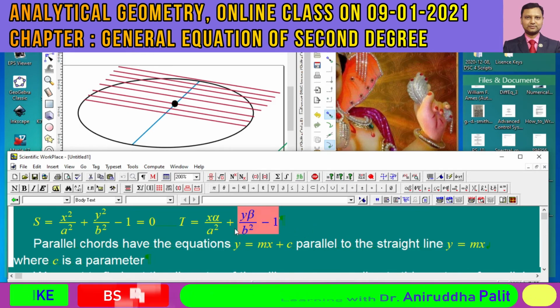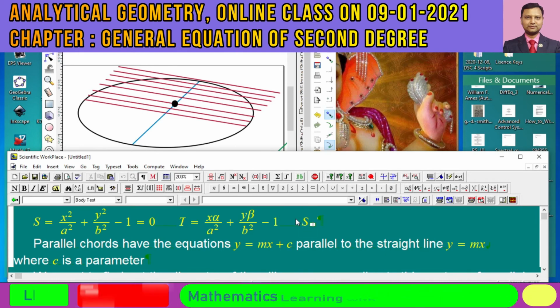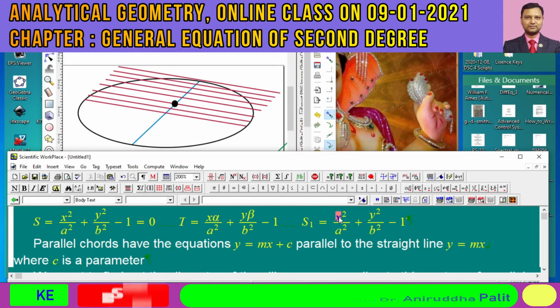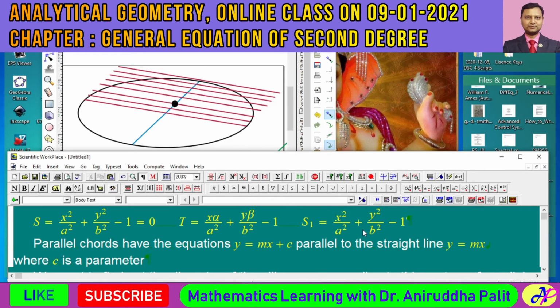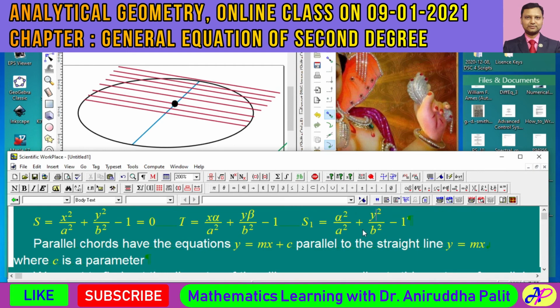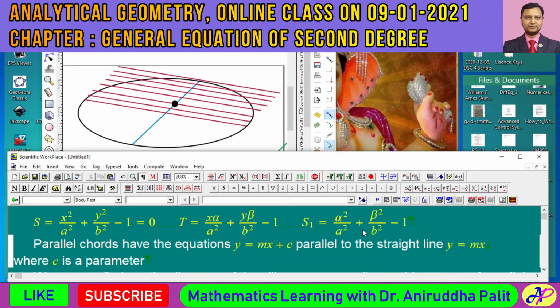So this would be the expression of T. And what would be the expression of S1 at the point (alpha, beta)? x would be replaced by alpha, and y would be replaced by beta, so alpha square by a square plus beta square by b square minus 1 would be the expression of S1.